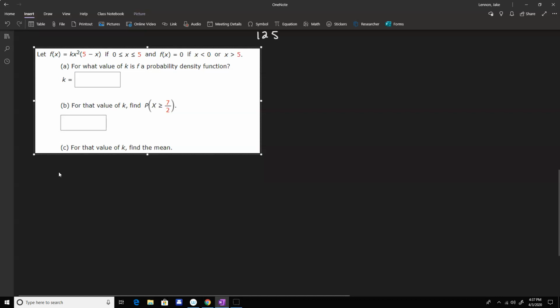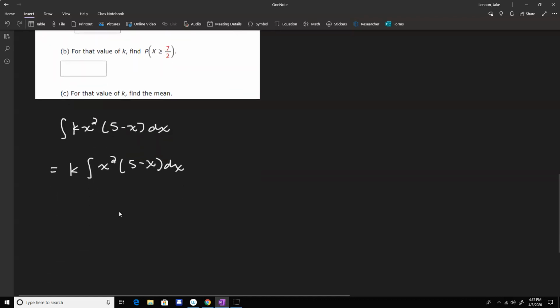So let's do the antiderivative of k x squared times 5 minus x with respect to x. So one thing you can do is k is a constant, so we can just pull that out of the integral, and we have x squared times 5 minus x. And then since that's a polynomial, we can go ahead and just distribute the x squared.